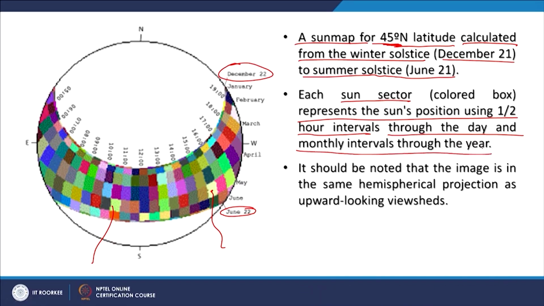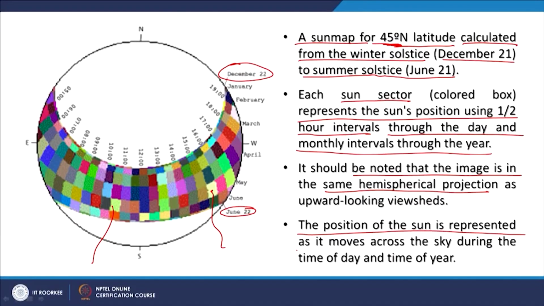So, all this information will be generated, and it should be noted that the image which you are seeing is the same hemispherical projection. Of course, because we are projecting using this hemispherical concept, the point here is that it is an upward-looking hemisphere.